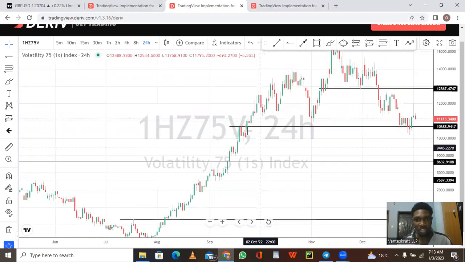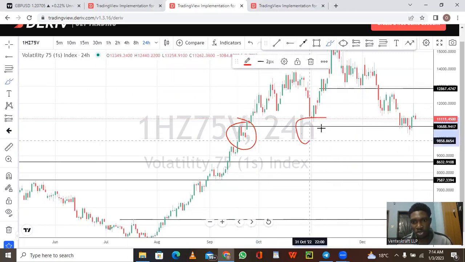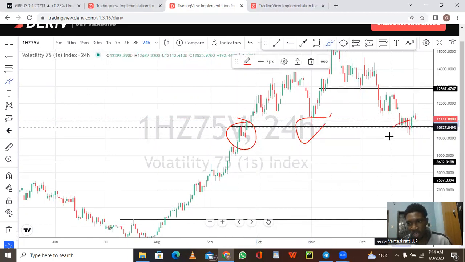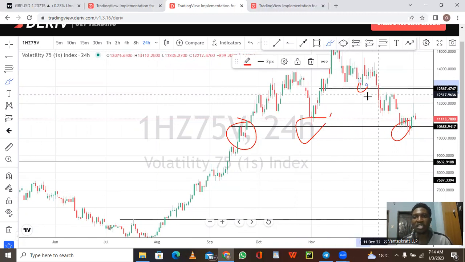When you look at this point, from this particular area, you see what happened the moment the market came to that particular level. Those are important points that I want to look at.